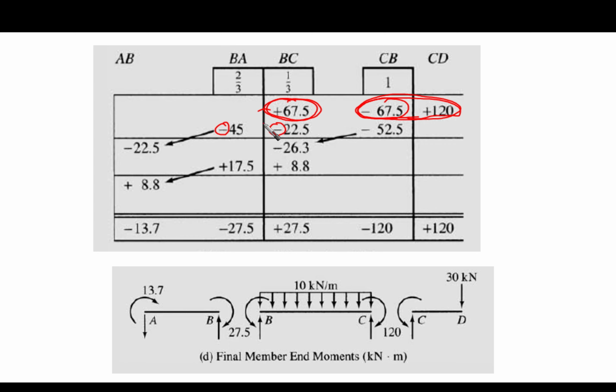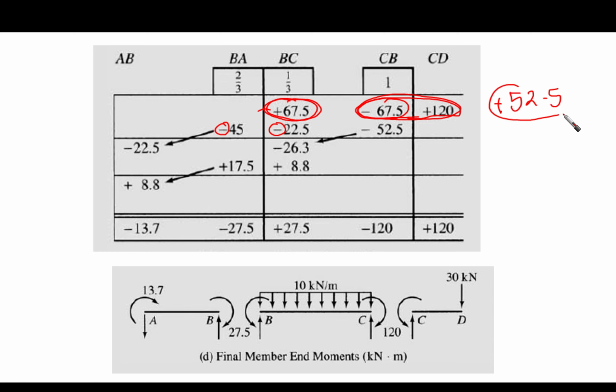And as I said, the negative sign applies. And then for this point, we have minus 67.5 plus 120. We are going to find the difference is exactly 52.5, and it is positive.